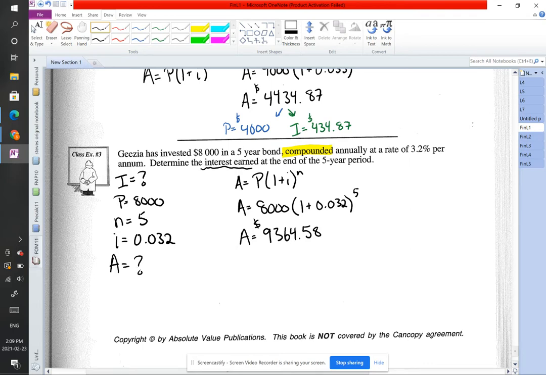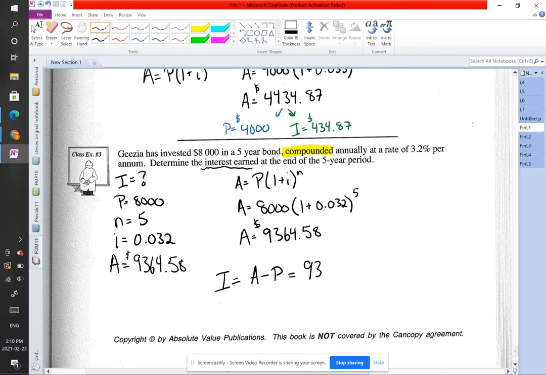That's our total amount, not our interest, right? We're still looking for interest. So what we want to do now is say, well, if we initially invested 8,000, now we have 9,364.58. To get our interest, we could just say our total amount subtract our principal or our initial investment.